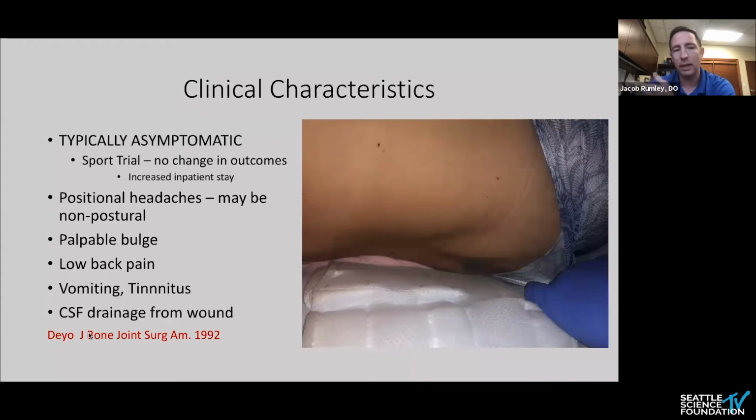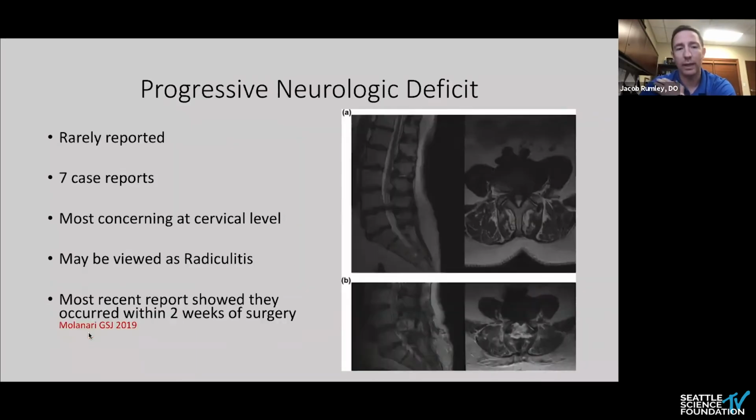They may just have low back pain, and at worst, you may see some cerebrospinal fluid draining from the wound. But just remember, the SPORT trial says that the only negative side effect for patients with an incidental durotomy, if you repair it, is an increased inpatient stay. So most patients do pretty well with an incidental durotomy as long as it's addressed.